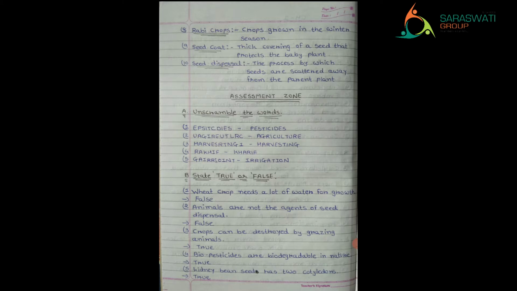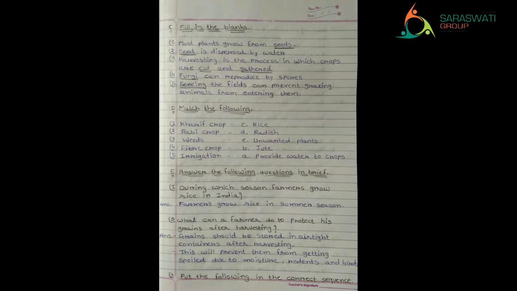So this one is a correct statement. The two equal halves of the kidney bean are its cotyledons. Correct? Right? So I hope you have understood A and B section. Yes? Okay.